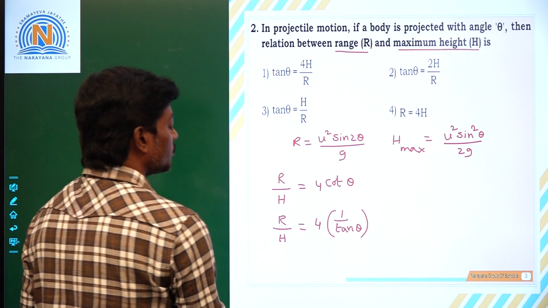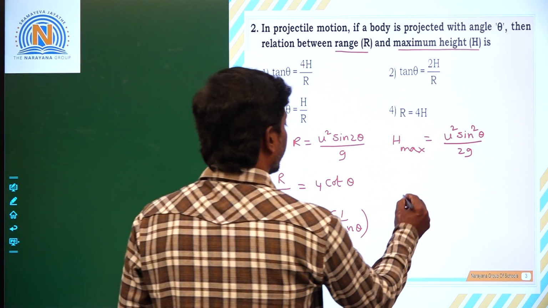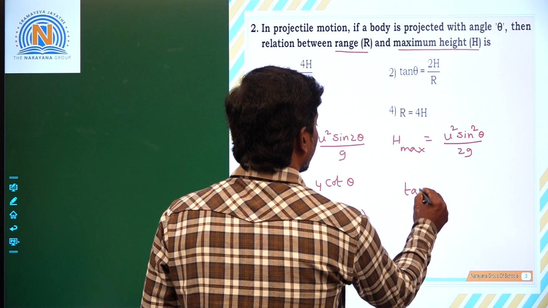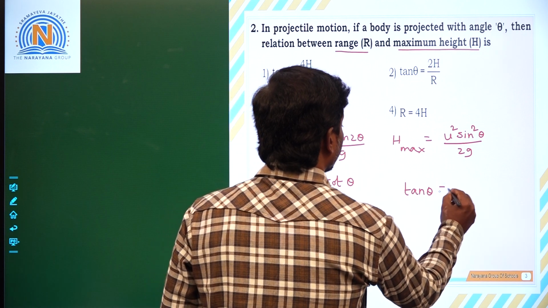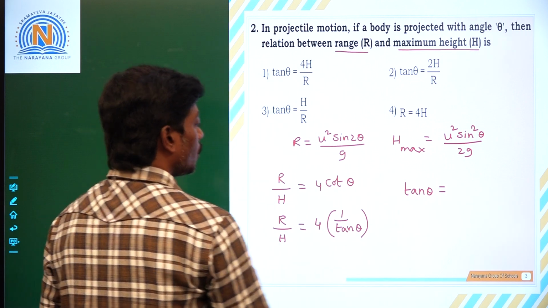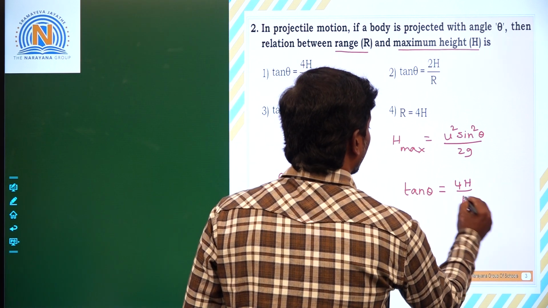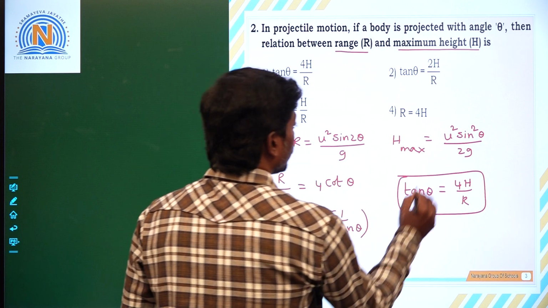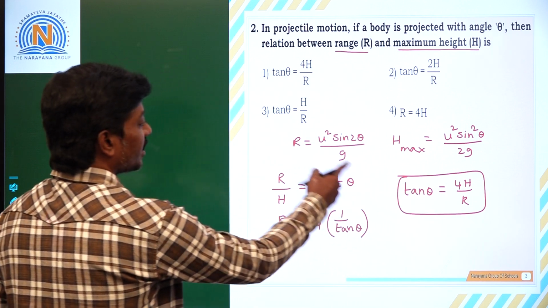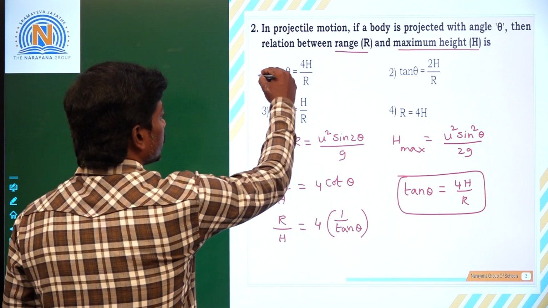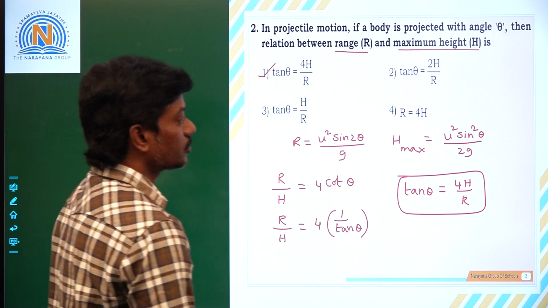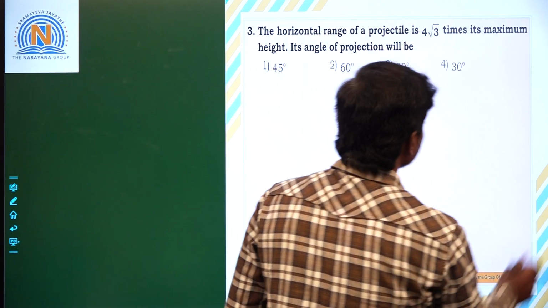Students, if you do the cross multiplication and want to find the tan θ value, then by this expression tan θ = 4H/R. So according to this, tan θ = 4H/R. First option is correct.